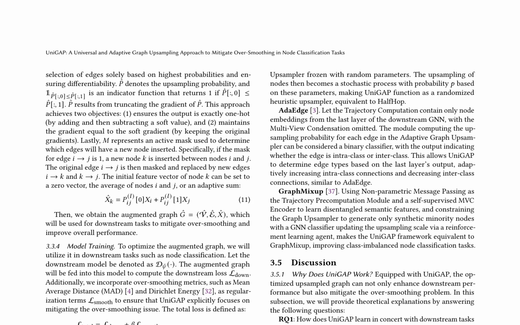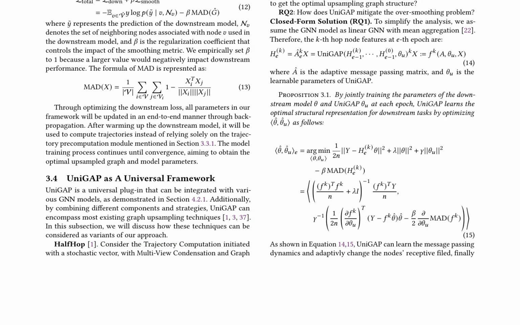UniGAP's adaptive graph upsampler module computes the upsampling probability for each edge, and the trajectory precomputation module initializes the node features for the new nodes. The framework also incorporates oversmoothing metrics, such as mean average distance, MAD, and Dirichlet energy, as regularization terms to ensure that UniGAP explicitly focuses on mitigating the oversmoothing issue.